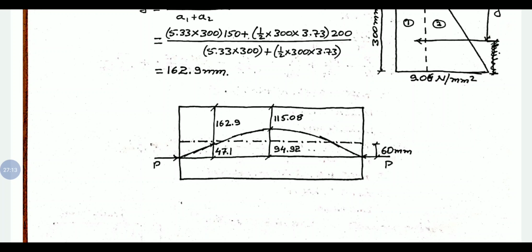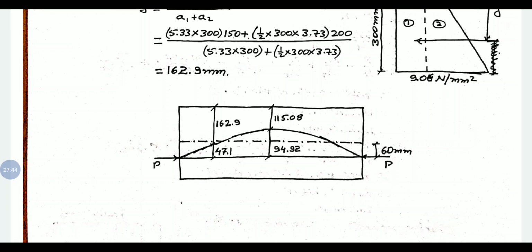But what we call the lever arm is the distance from the tendon to the location of the compressive force. So 162.9 is from the top. The remaining distance is 210 minus 162.9, and we get 47.1. That is the lever arm. 47.1 is the lever arm.